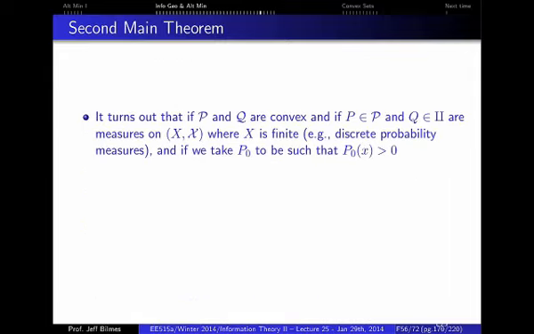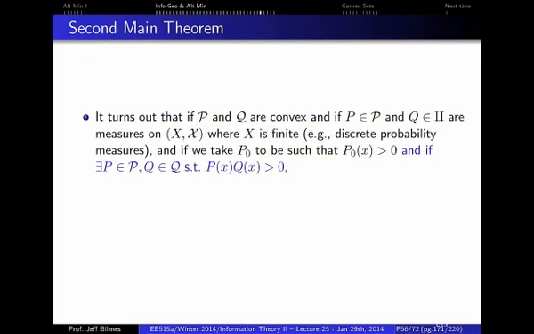And so getting a good starting value, it turns out to be, if we assume that P and Q are convex, these are measures, then if we take P0 to be strictly positive, it can be anything you want as long as it's strictly positive.